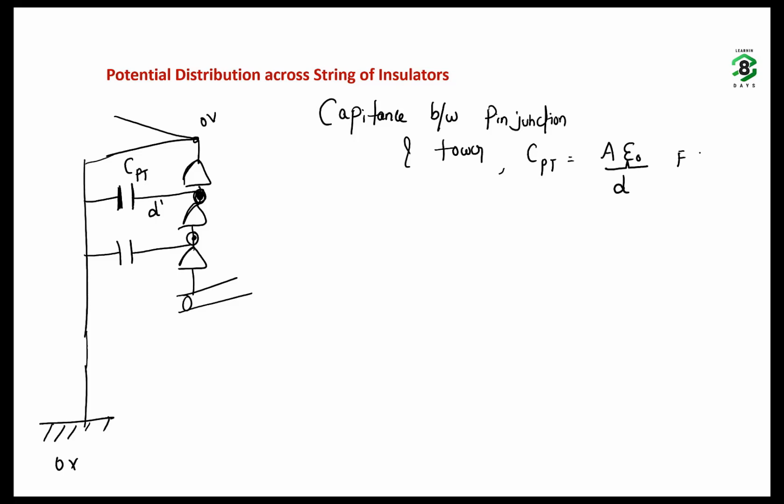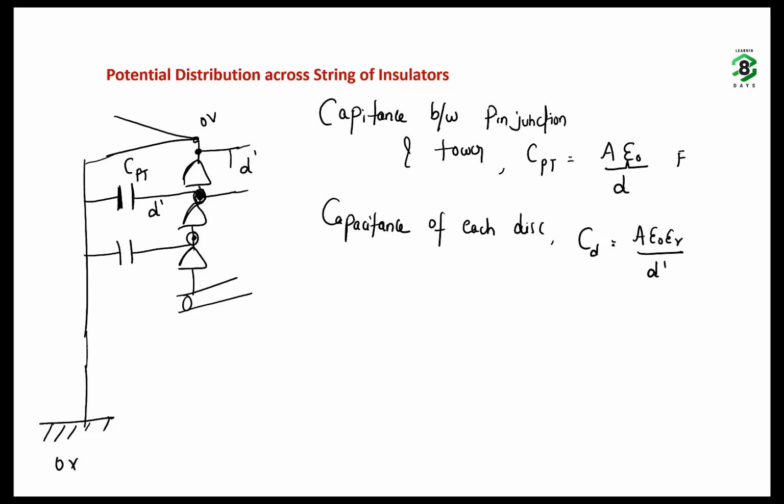Okay. Now each disc between this point to this point, each disc also I can model as a capacitor. So the capacitance of each disc I can call it as CD, which is given by A epsilon naught epsilon R divided by D dash, where D dash is the distance between the two metallic pins.